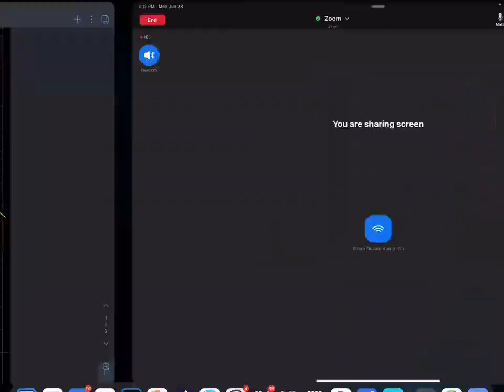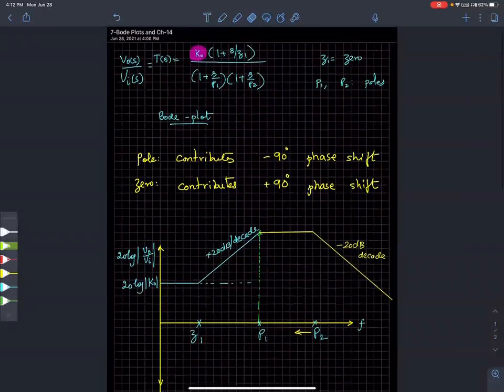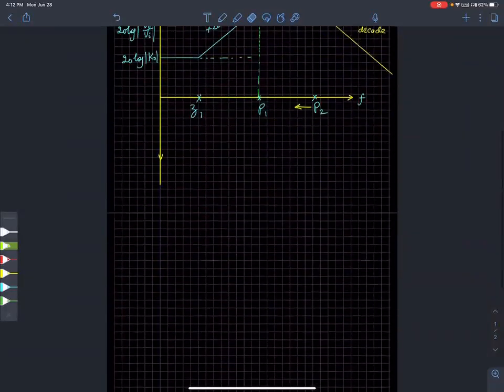Everybody with me? So the simple idea is a zero increases your gain by 20 dB per decade. A pole rolls your gain off by 20 dB per decade. Depending on the relative location here, all the poles are separated enough.